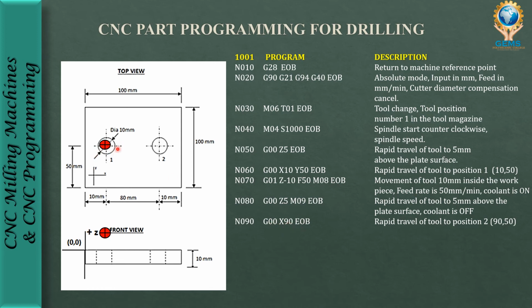It will move from here to here. Since we are mentioning absolute mode, it will take the reference value from here only. If it is 90, it will take from 0 to here 10, from here to here 80, so totally 90. Okay, now the tool comes to this position.